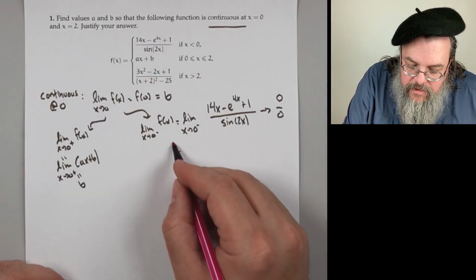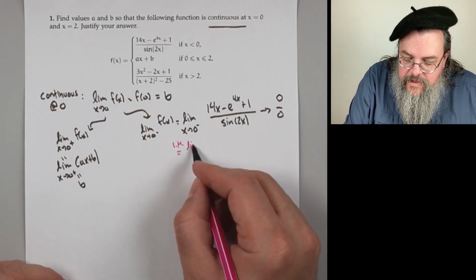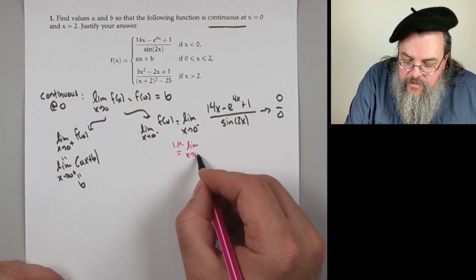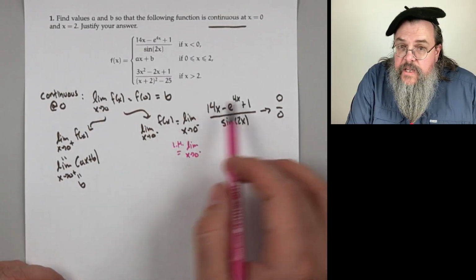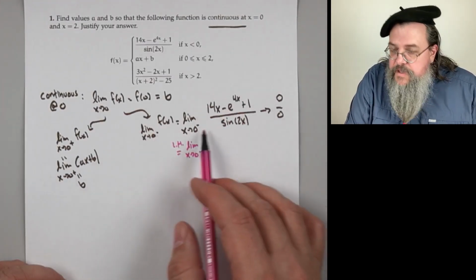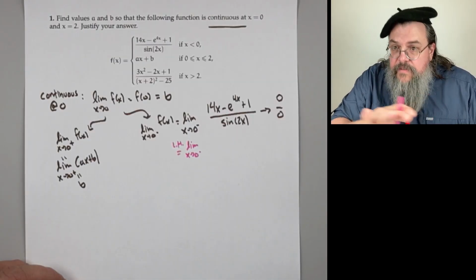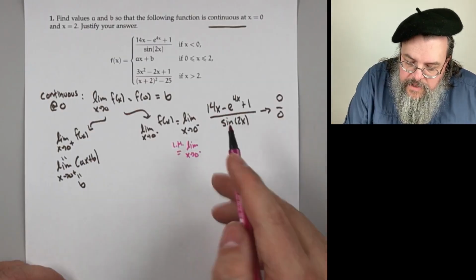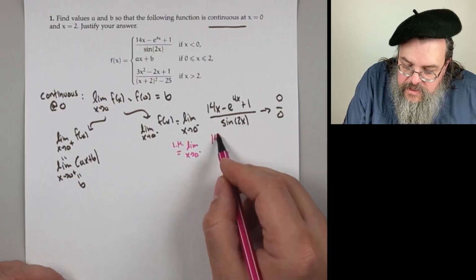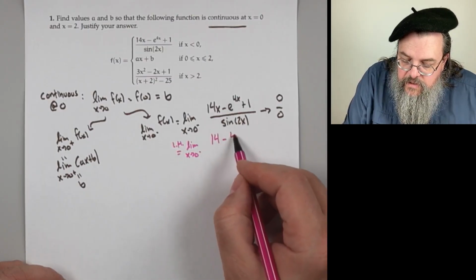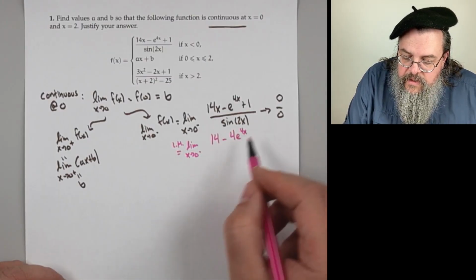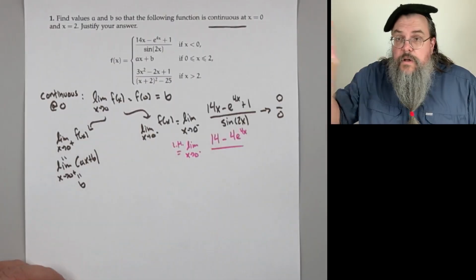By l'hôpital, this is the limit as x goes to 0 from below. Take the derivative of the top over the derivative of the bottom, not the quotient rule. Derivative of the top, derivative of the bottom. So that's 14 minus 4 e to the 4x. And the 1, you just go on. Poof.